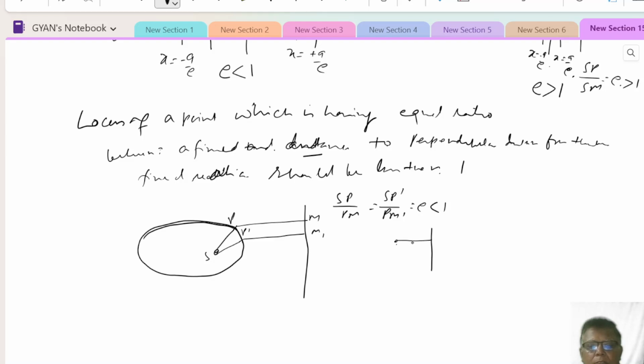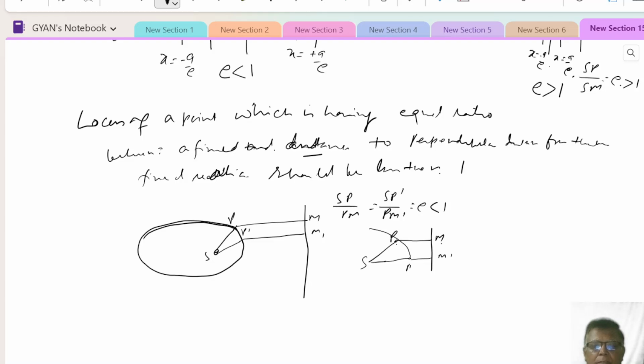Suppose this is P and this is M, and this point is P dash and this is M dash.